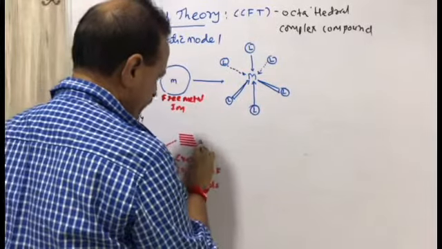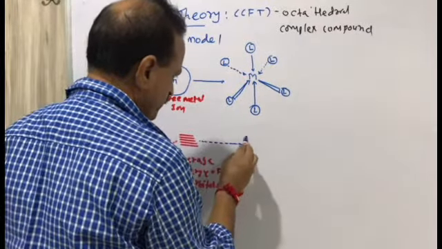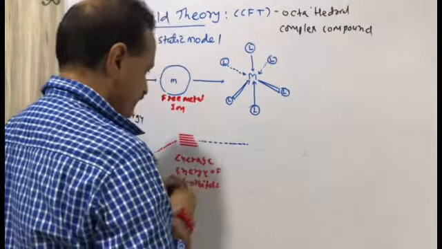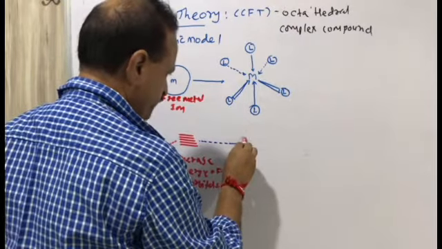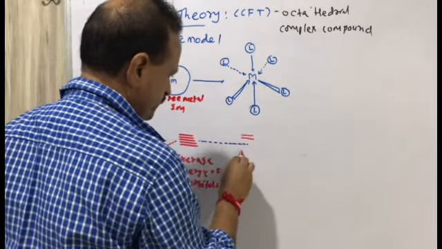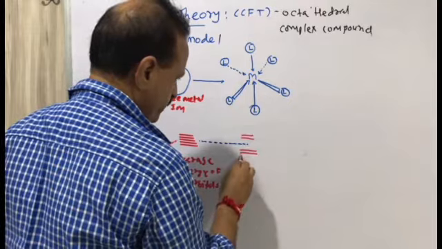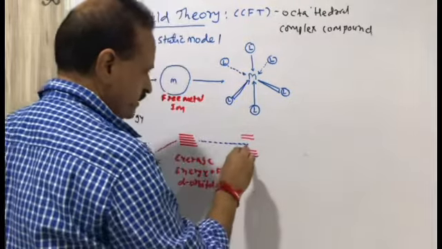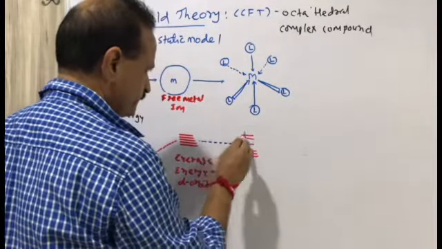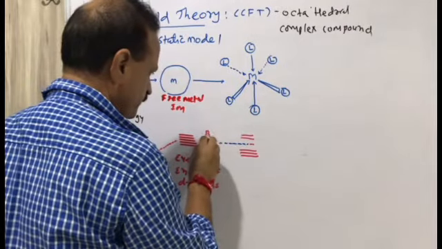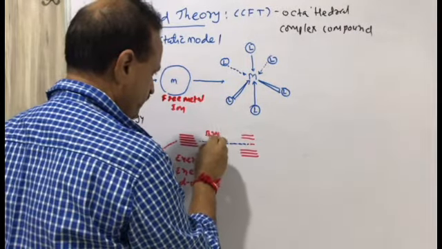Now we have the barycenter. 2 orbitals will go up, and 3 orbitals will lose energy. This is the barycenter.